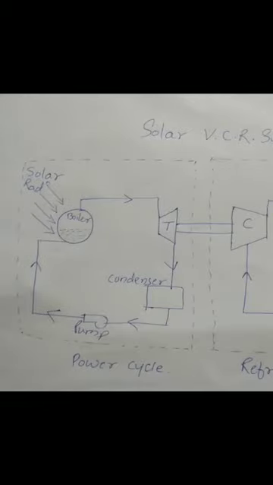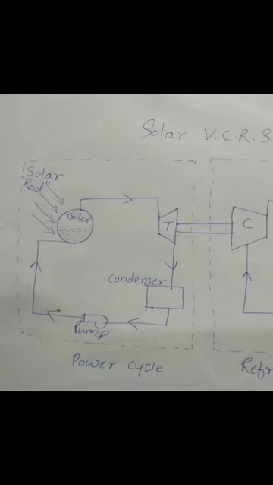We can say a thermal cycle, where heat is required in the boiler to convert the water into steam. After that, the steam passes through the turbine, which runs and converts the heat energy into mechanical work. The same system is used, but for providing the heat, here we use solar radiation in the boiler to heat up the water to steam, and the remaining cycle is the same.